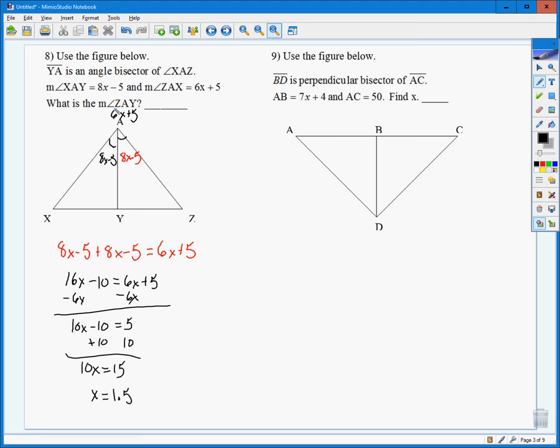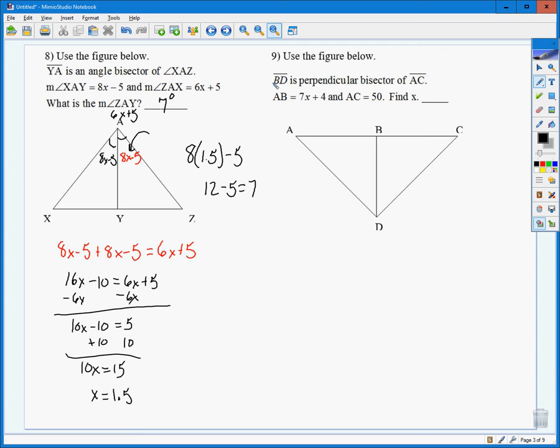They did ask me to find the measure of ZAY, so I have to plug that back in. So I have 8 times 1.5 minus 5. 8 times 1.5 is going to be 12. Minus 5 would be 7. So the measure of angle ZAY would be 7 degrees.